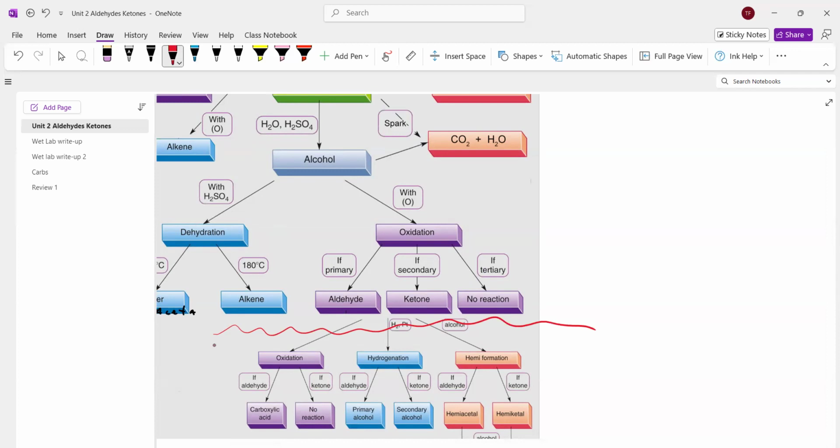Now, all these arrows, we can basically go the opposite way in all these. All these are being reduced.